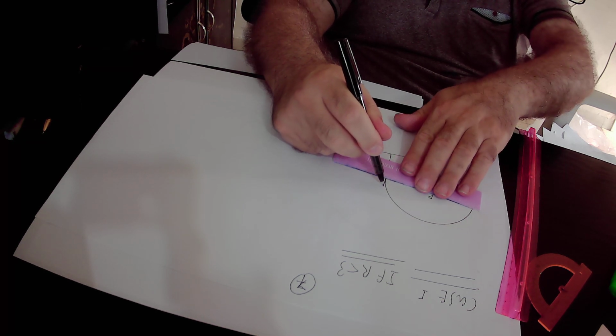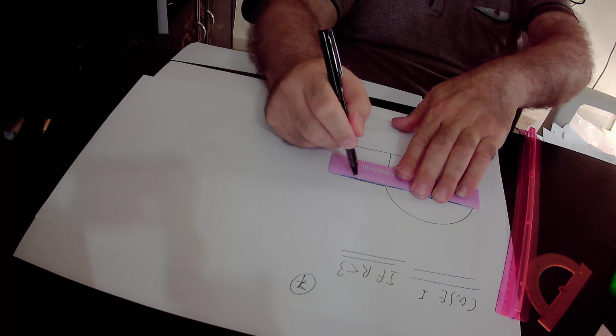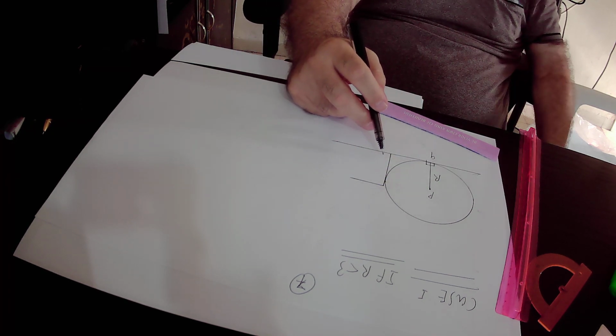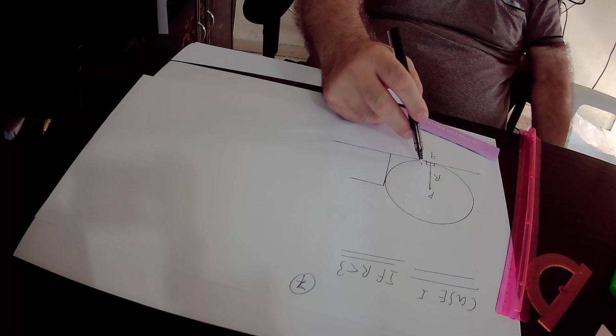So here you can see in the drawing the side length of the square is higher than the radius.